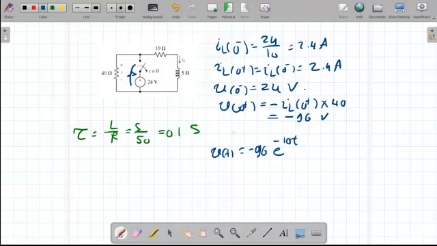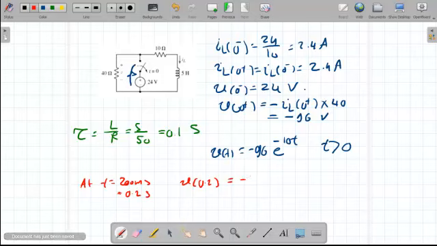So this will be valid for t greater than 0. Now at t equal 200 millisecond or 0.2 second, we have V(0.2) will equal minus 1.99 volt.